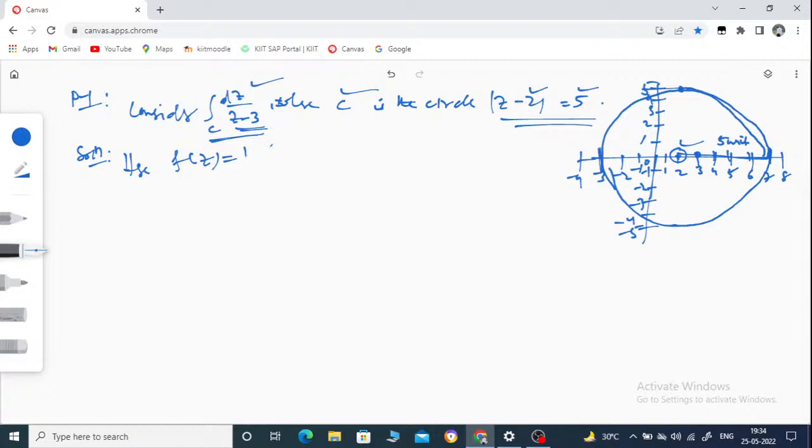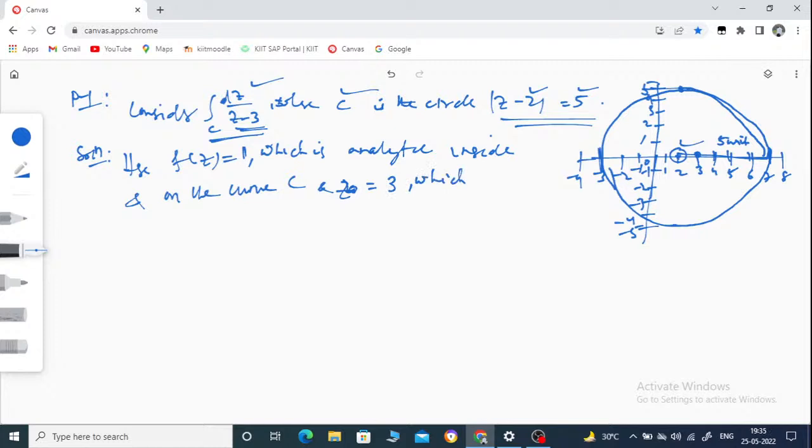So f of z is equal to 1, which is analytic inside and on the curve C, and z naught is 3, which lies inside this curve C.